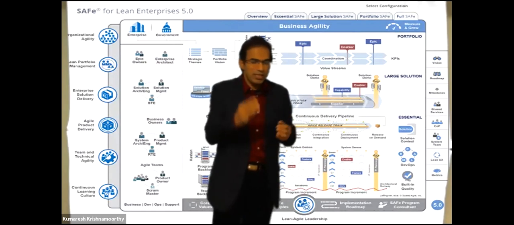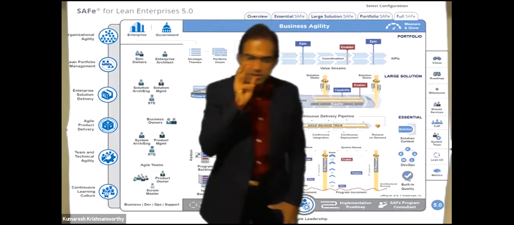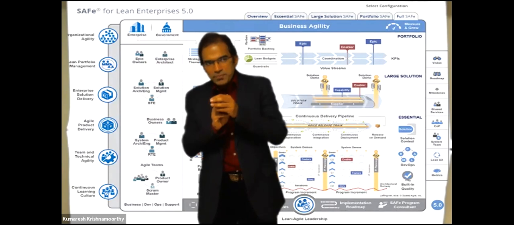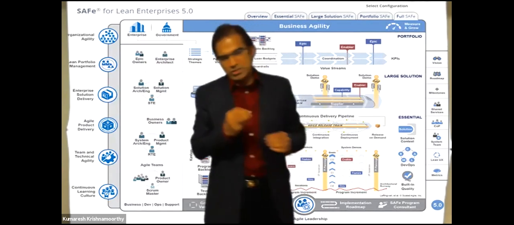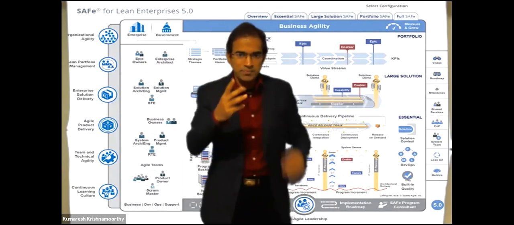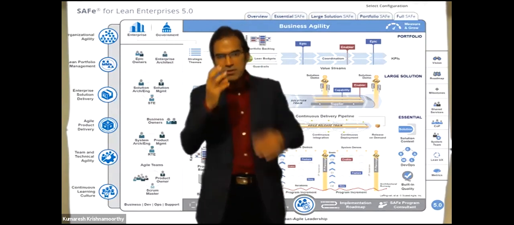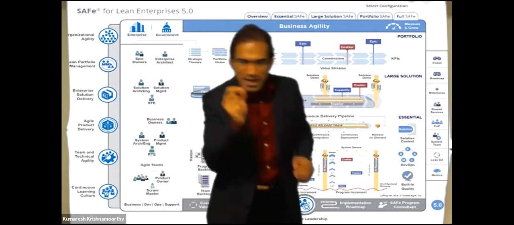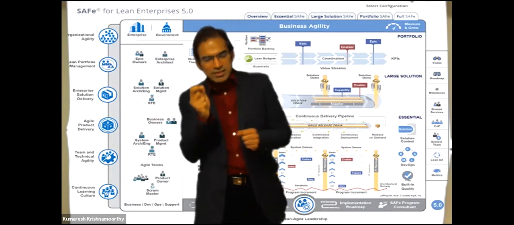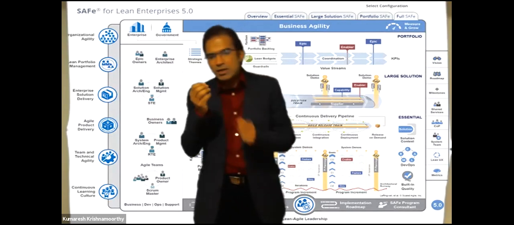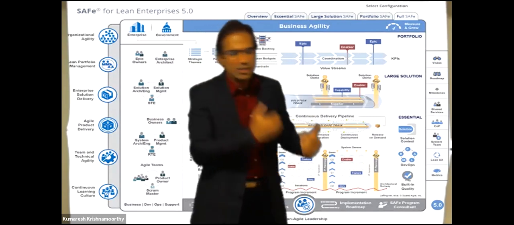So these are the three key areas, and that is why the three roles actually cater to these three areas. At the program level, the product manager takes care of functional, the system architect takes care of technical, and the RTE, which is release train engineer, takes care of the process.